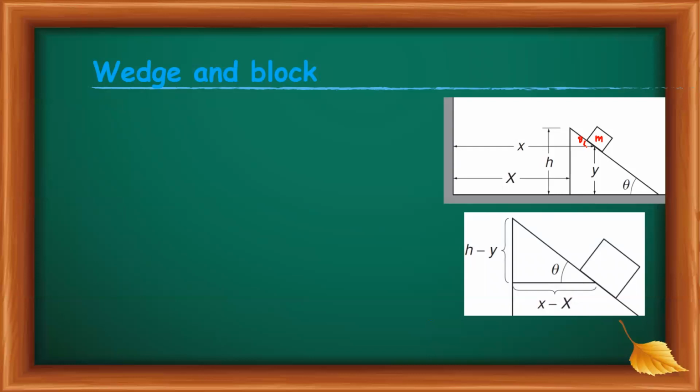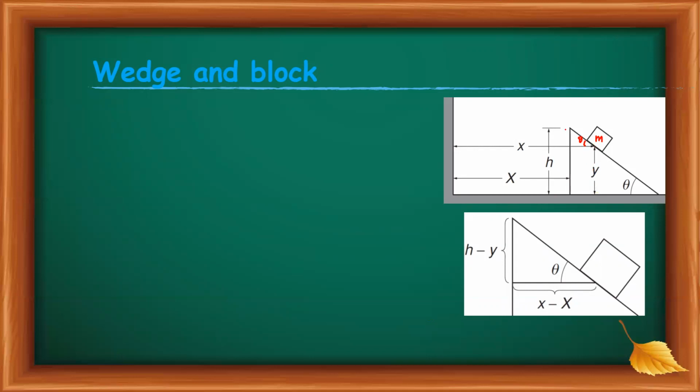And this height is h, and the distance to the block from the lower edge of the wedge is y.